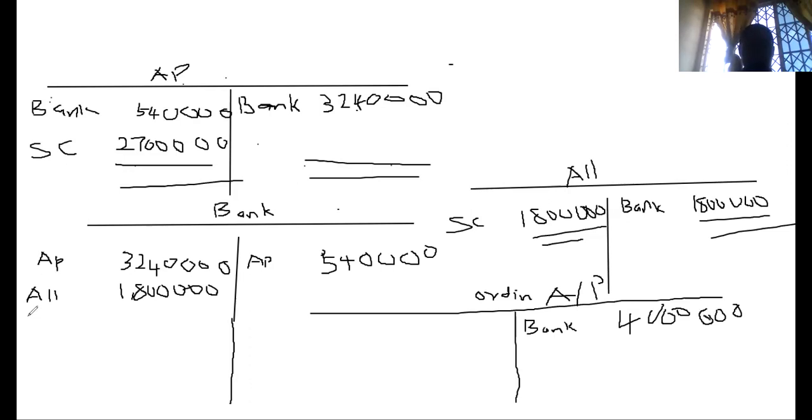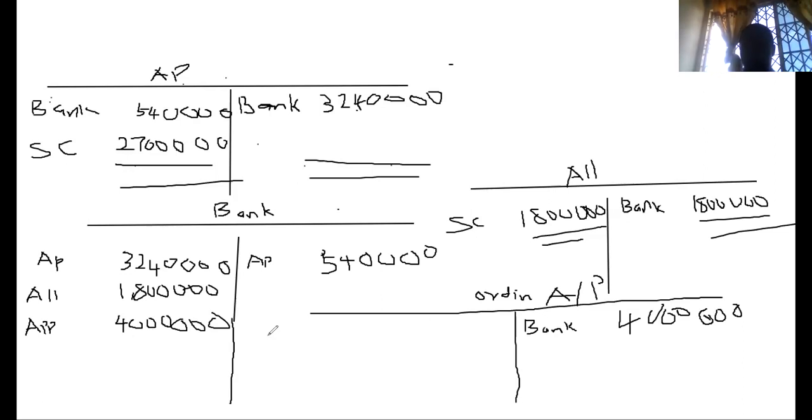So here will be application for ordinary shares. Make sure you write the narration properly. So this one is application for ordinary shares. You can just write ordinary share application account. So 4 million. Okay. Then we refunded 120,000 shares on application.